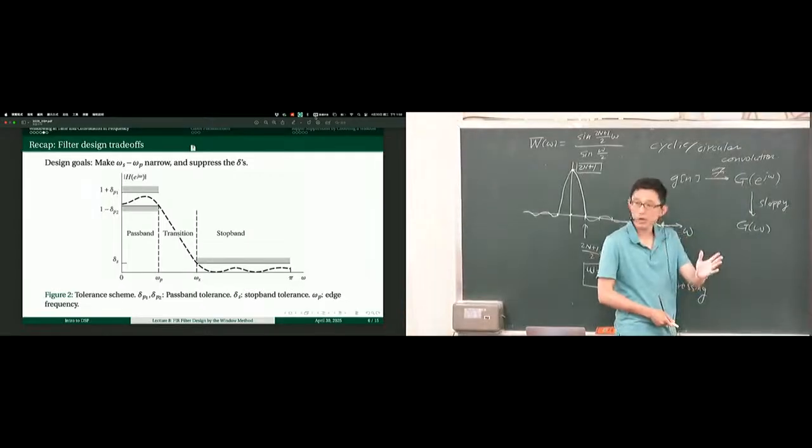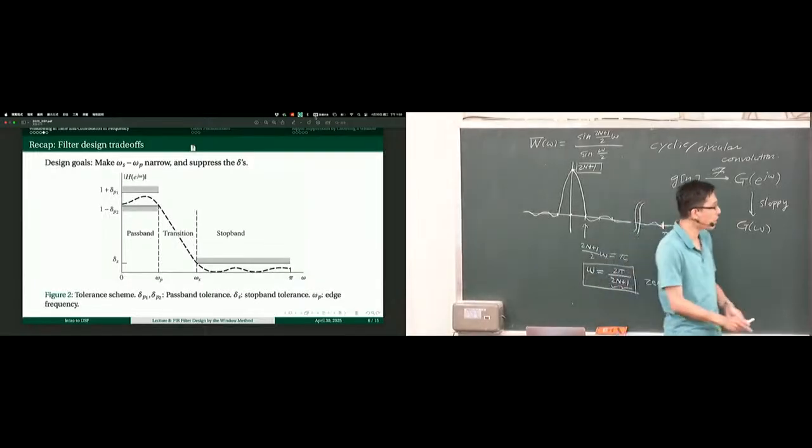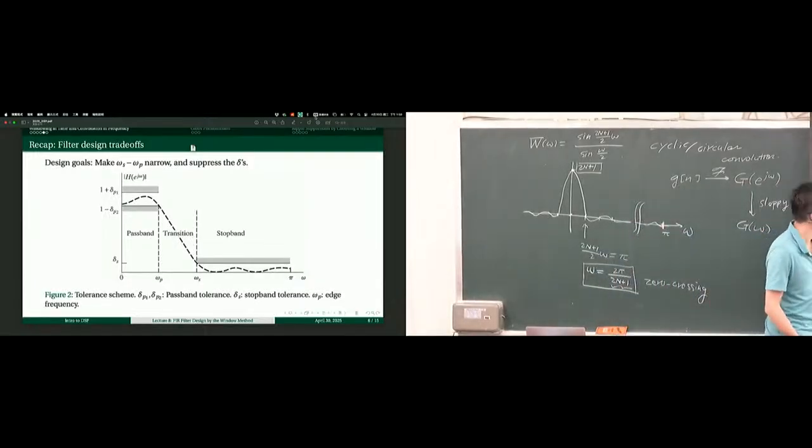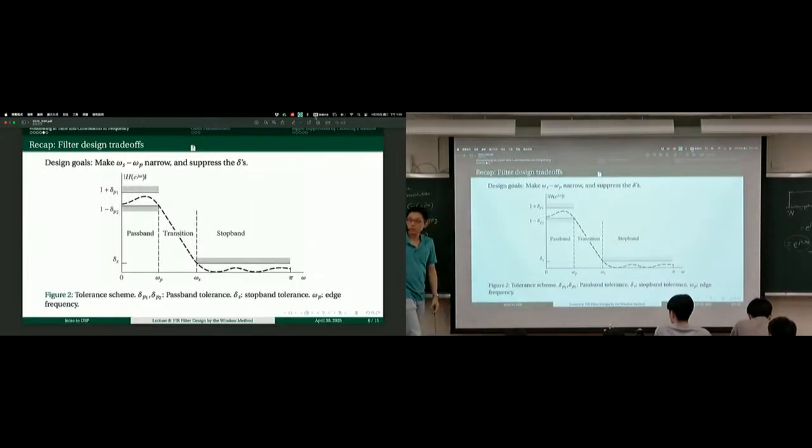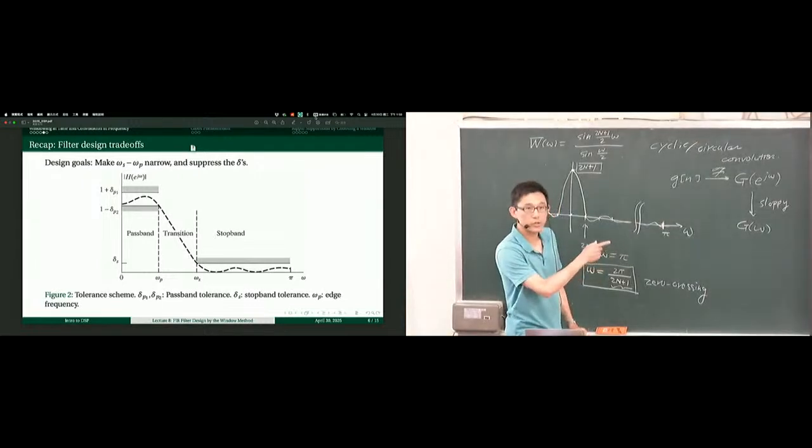That's ideal, but it's impossible. So in our design we allow a transition, but at the same time we want it to be narrow, while suppressing the biggest ripple. So far, so good? Any comment on this? Can we agree that these are two of the design goals?